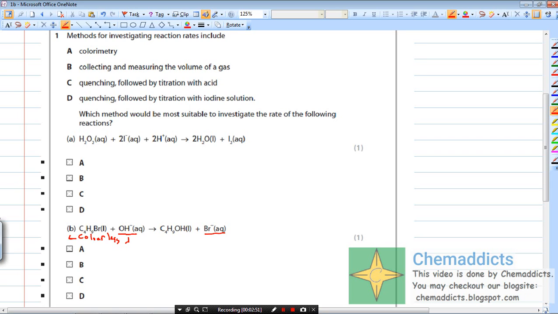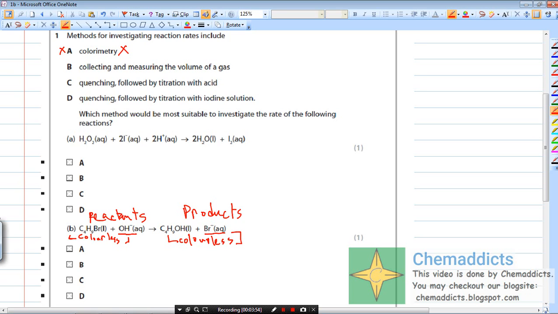Now the products: these are an alcohol and a bromide ion, and these two are also colorless.